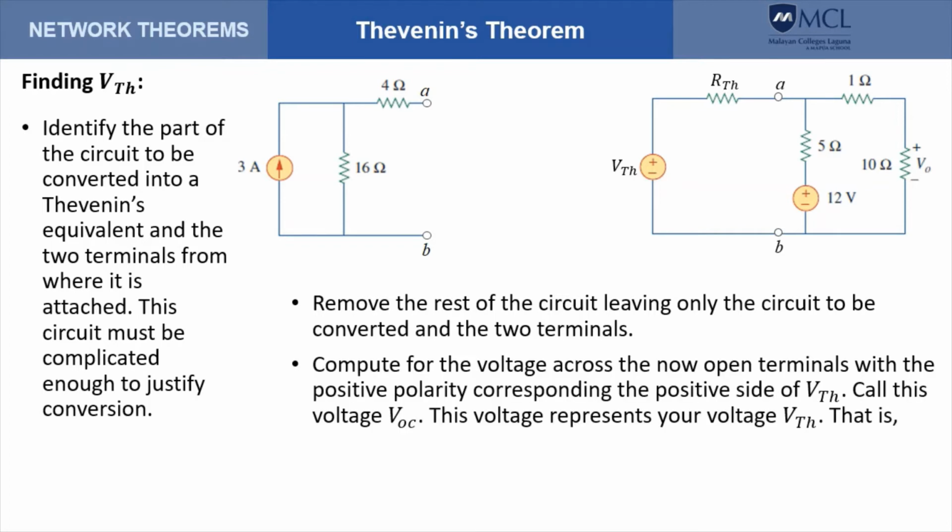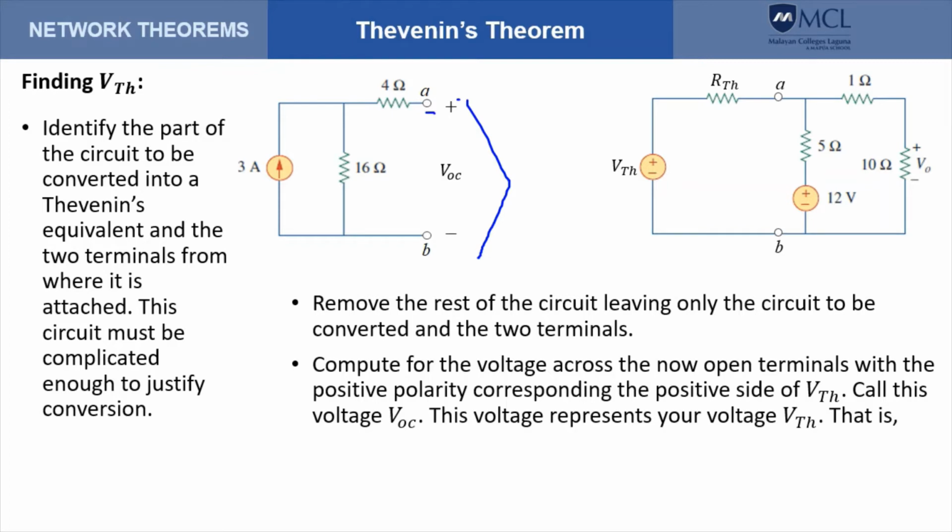And from there, we compute for the voltage across the open terminals. So these are the open terminals. And let's call that voltage V sub OC, where the positive side is the side where terminal A is located.